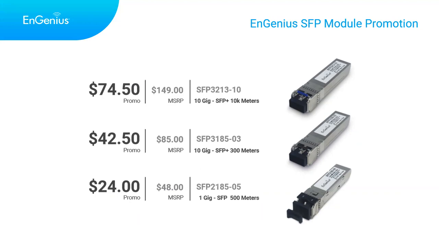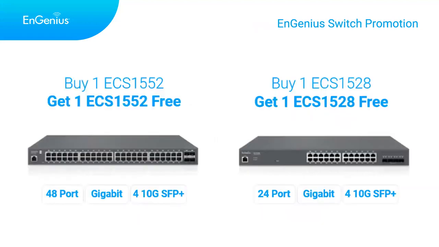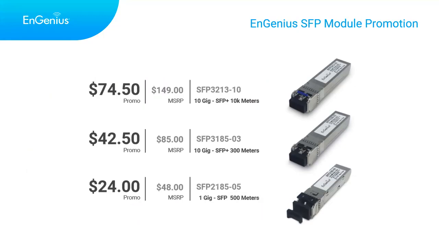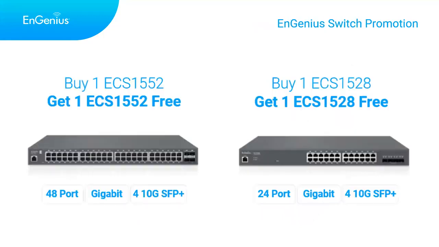Now you may ask, can I take advantage of this promotion and also this promotion? And the answer is yes. When you buy the 48 port switch, as an example, you have 4 ports, so we're allowing you to buy up to 8 SFP modules at 50% off.